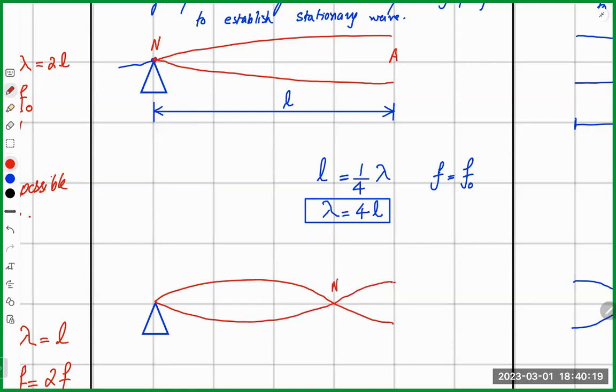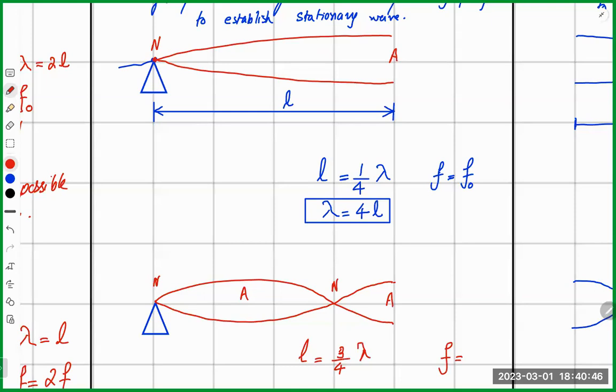Now, this is a node, antinode, node, and antinode. In this case, L will be equal to how many wavelengths? 3/4 of a wavelength.